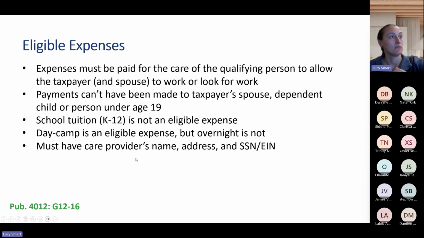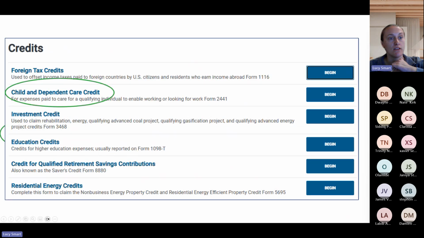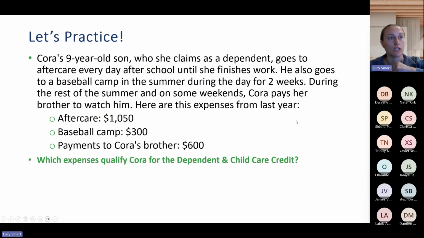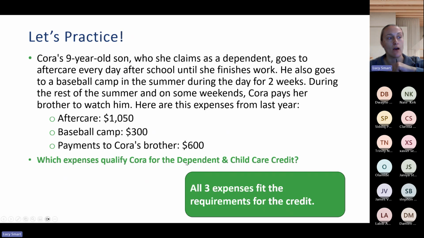It's not overnight camp. So in this situation, as long as the babysitting is while Cora's working or looking for work, it does count, or it can count. Because Cora's brother is not Cora's dependent, Cora's brother is not Cora's spouse or own child. All three expenses fit the requirements for the credit. The important thing, though, when it's payments to an individual is you're going to have to include their social security number on the return, meaning that they need to then report it as income. So that's something she and the brother would need to discuss.